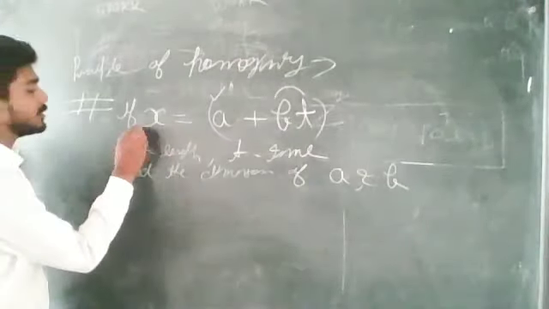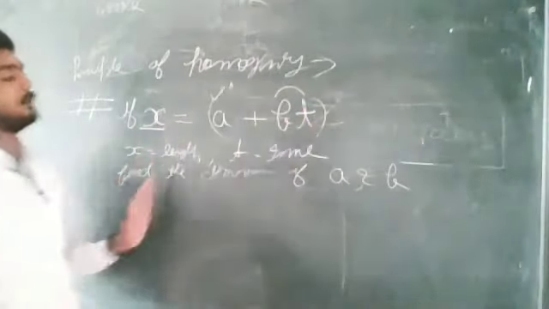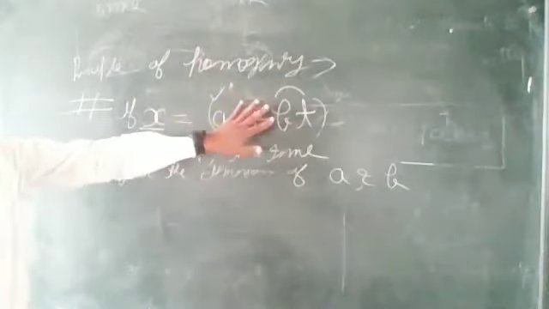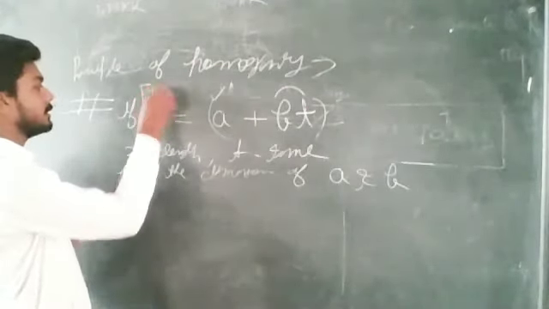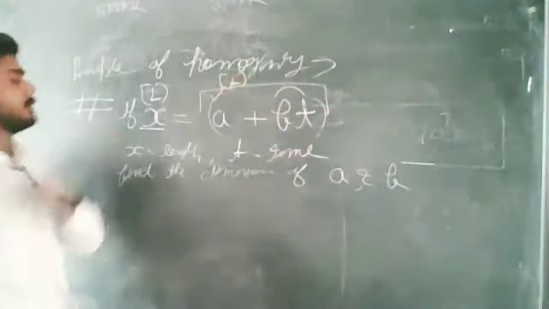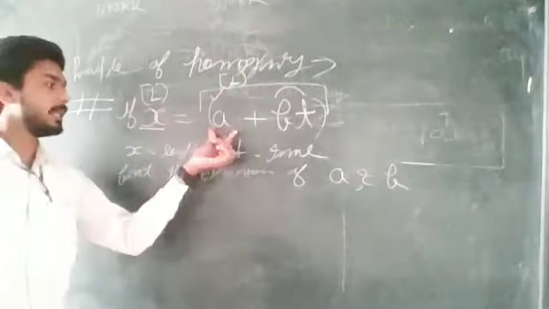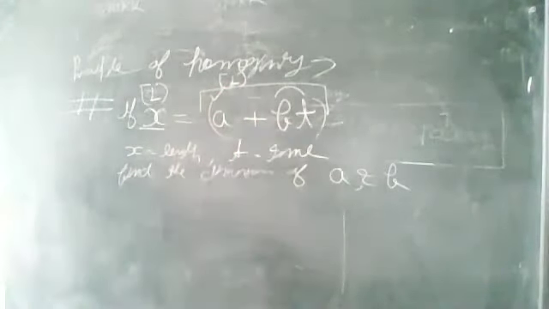The dimension of x will be equal to the dimension of this whole term, because same quantities can be equated. Then a will be length and bt will also be length, because we can always add same quantities.